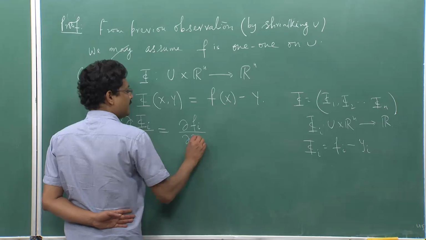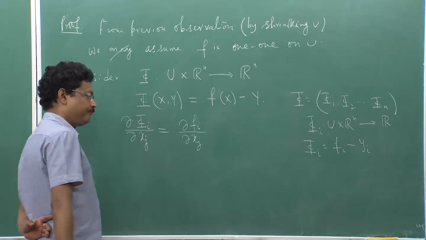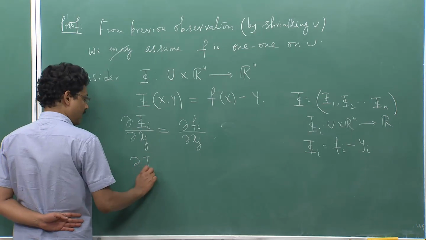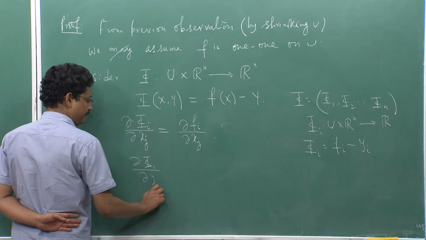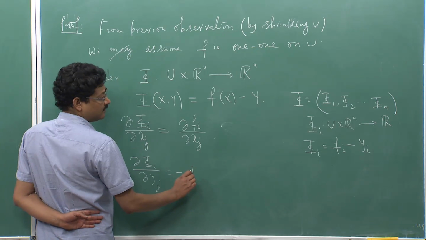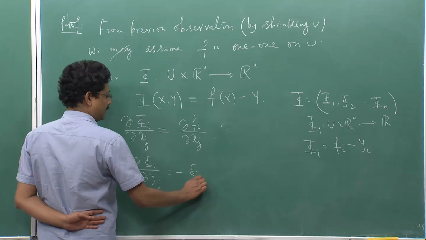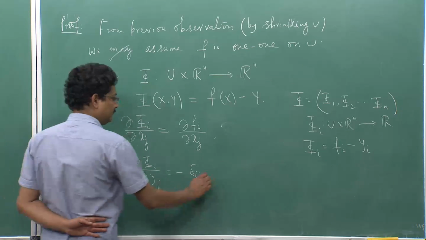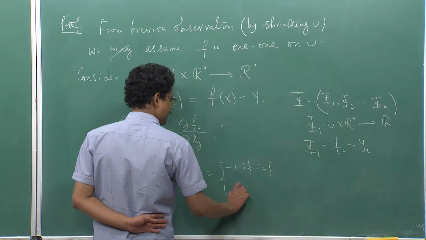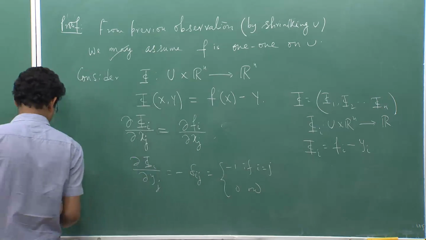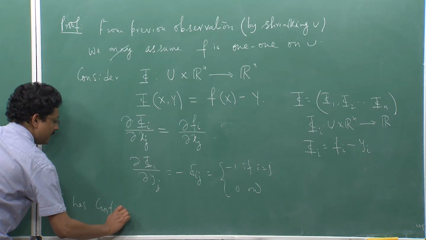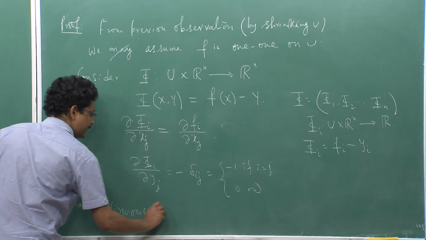So, this will be del f i del x j. And if you look at del phi i del y j, this will be simply minus delta ij, that is minus 1 if i equals j, 0 otherwise. So, phi has continuous partial derivatives.